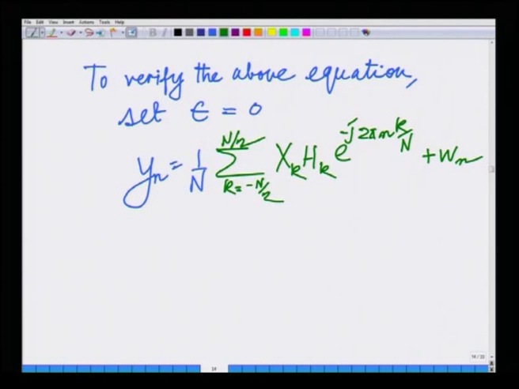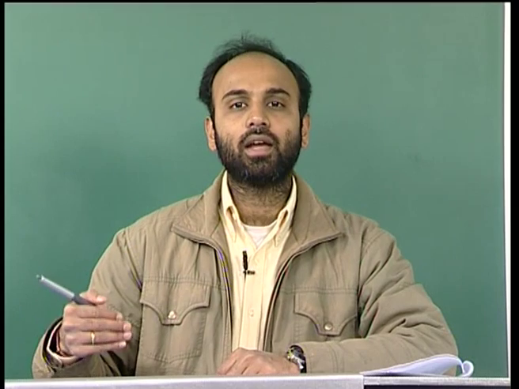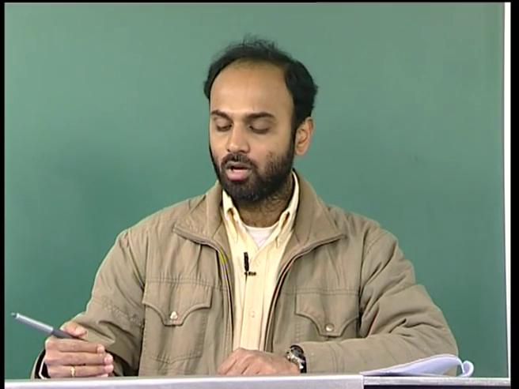Now, when I perform the FFT of this, that is, I receive all these samples y 0, y 1 up to y N minus 1, and then we perform an FFT at the receiver, that is standard OFDM processing.